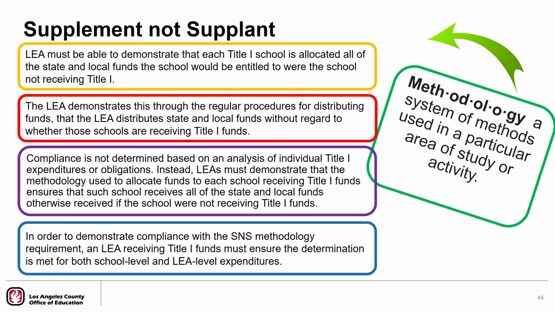Compliance is going to be determined by a methodology, not on expenditure or obligations of funds. And in order to demonstrate the compliance with the methodology, the LEA needs to ensure that the determination is met for both the school and the LEA level expenditures.